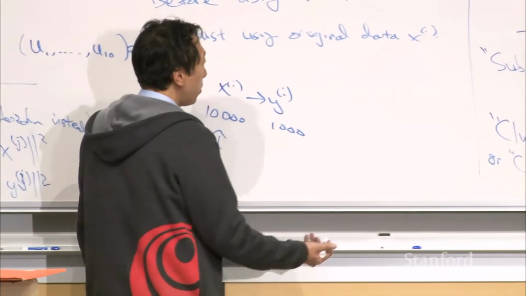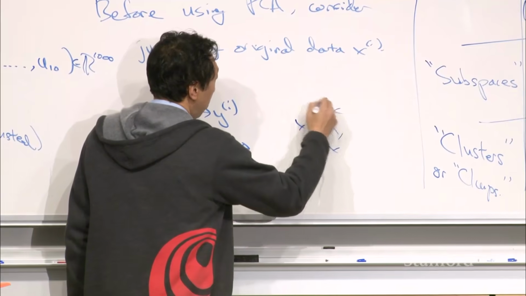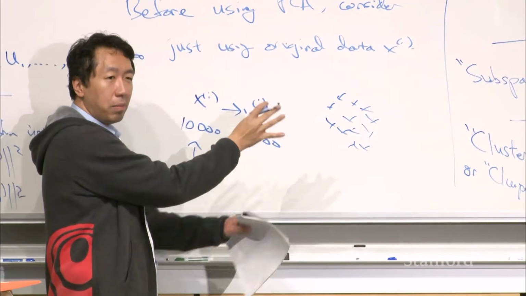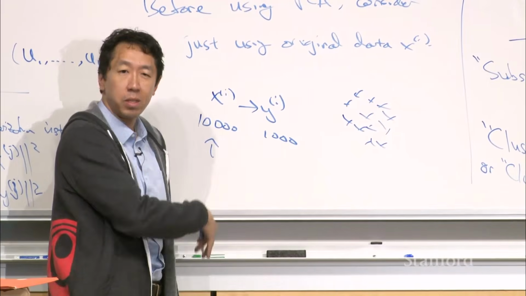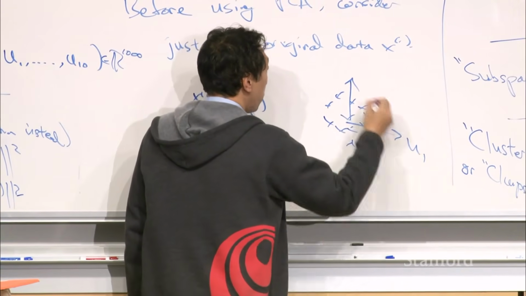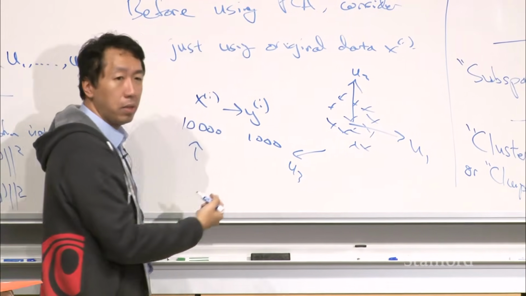Maybe here's an example. Let's say you have 3D data, but it lives roughly on the 2D plane. So this is actually 3D data with a little bit of fuzz off the surface of the whiteboard. Maybe you get that as U1, U2, and U3 points out of the board.